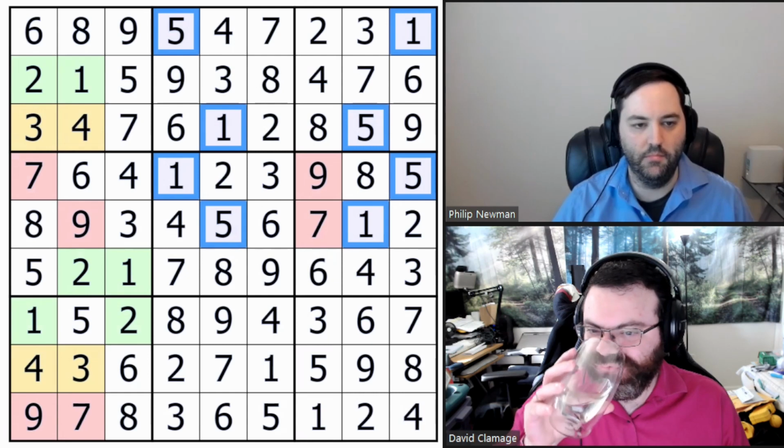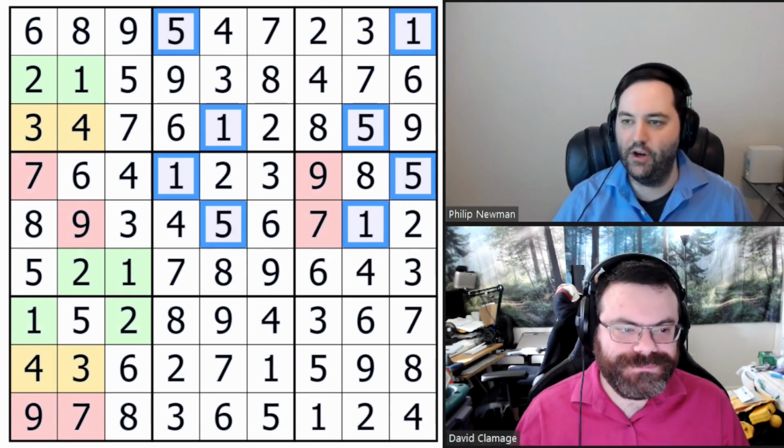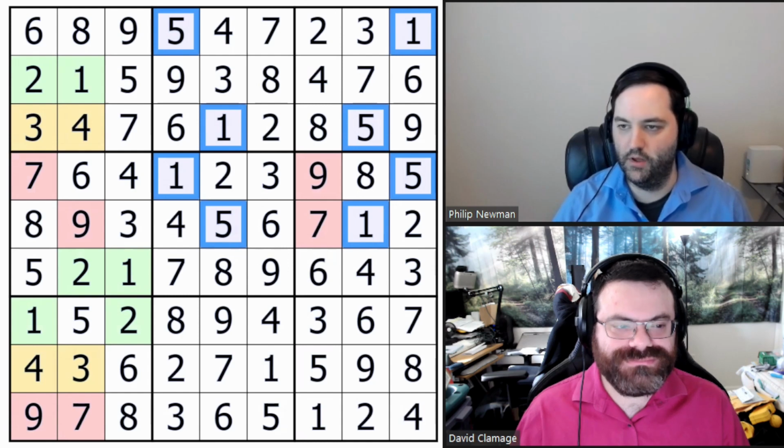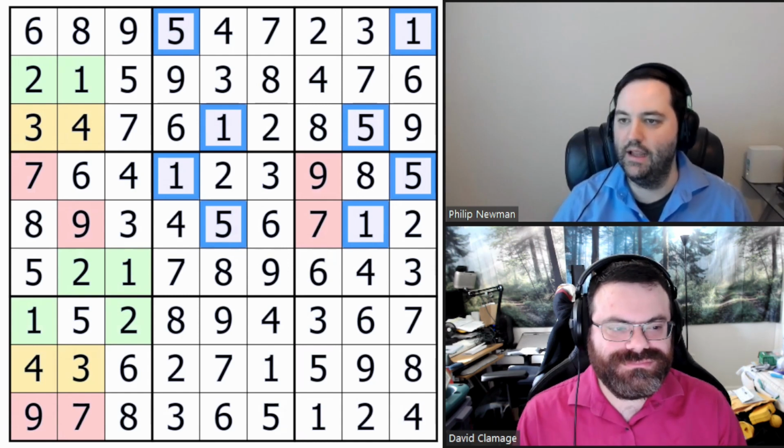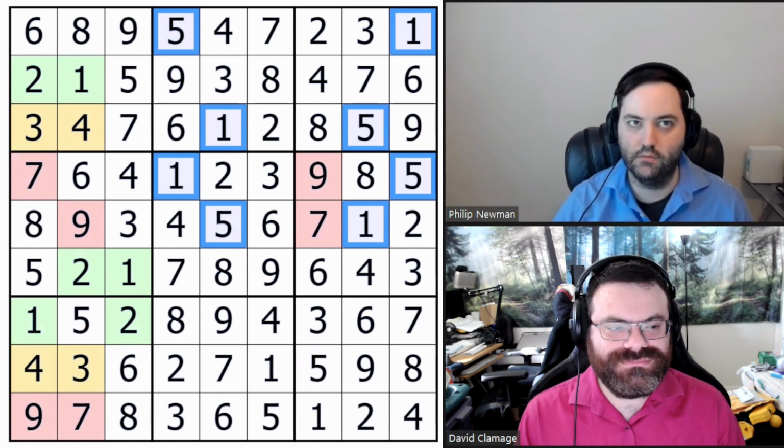Exactly. So at the very least, you will have a big 18-cell unavoidable set for any pair of digits. So already we're talking about 36 pairs of digits? So that's already 36 unavoidable sets.